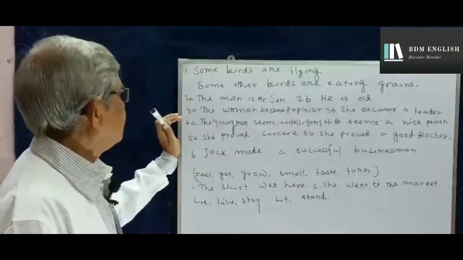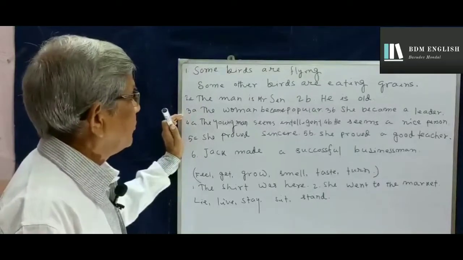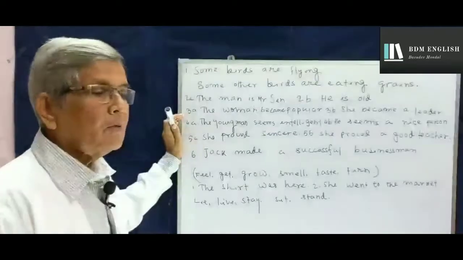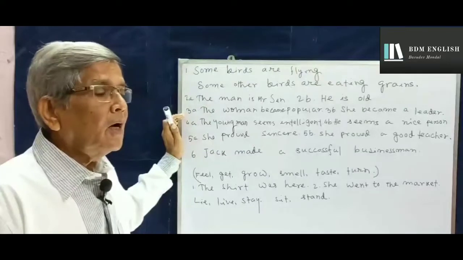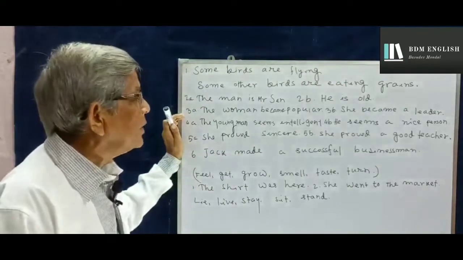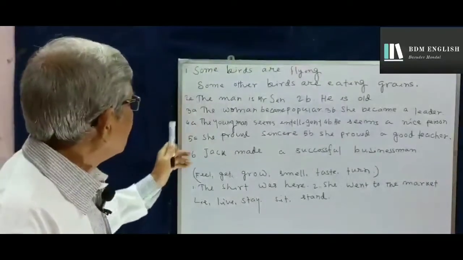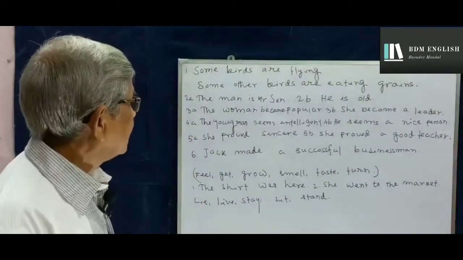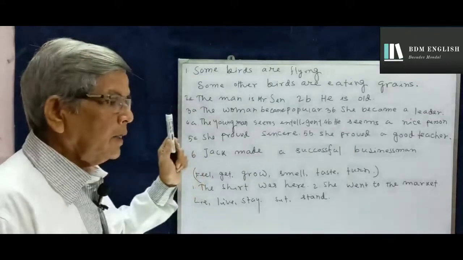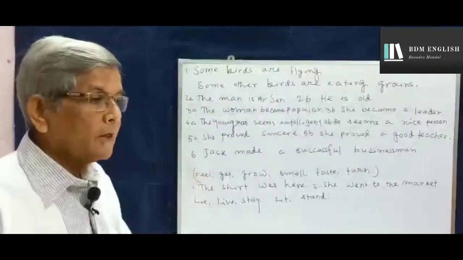And verbs that require complements to complete the minimum length of the predicate are called verbs of incomplete predication. So, these verbs are called intransitive verbs. These verbs are also called verbs of incomplete predication.